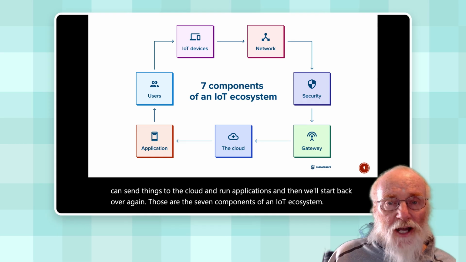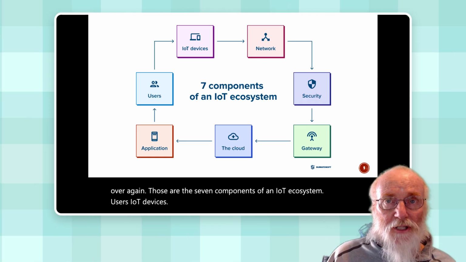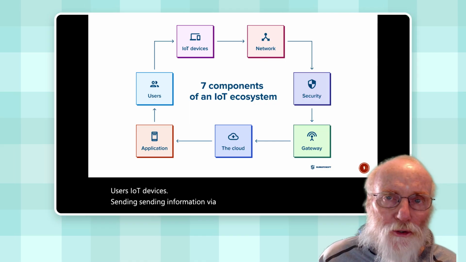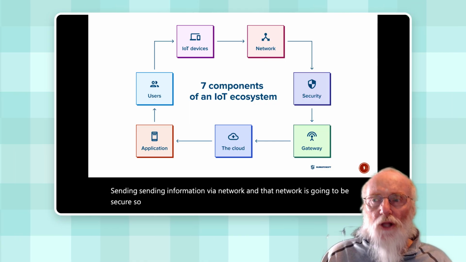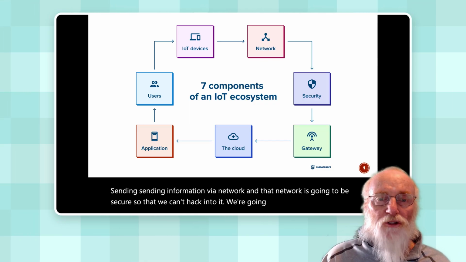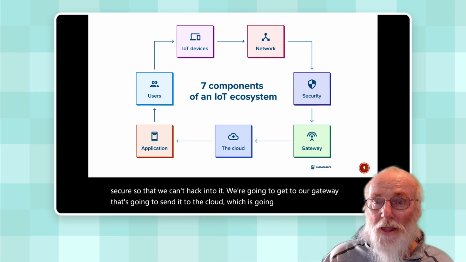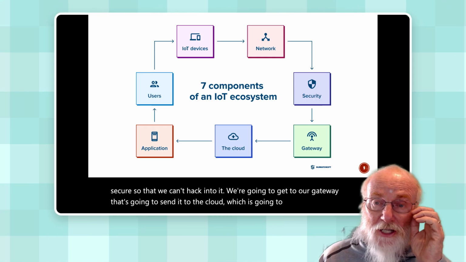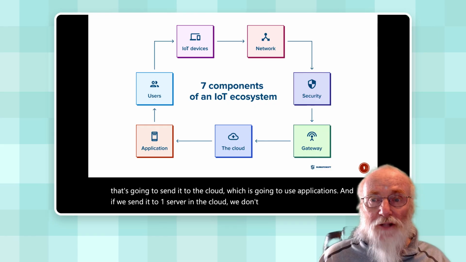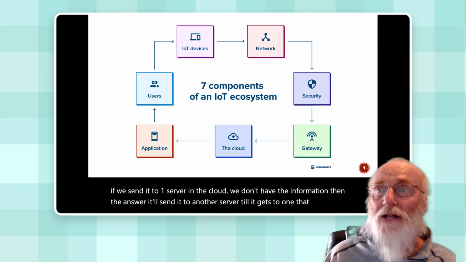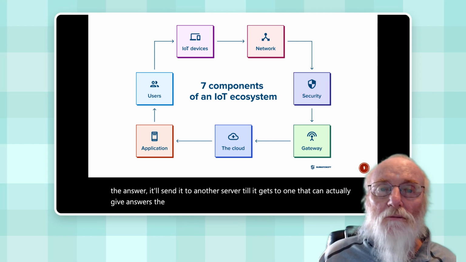Users, IoT devices, sending information via network, and that network is going to be secure so that we can't hack into it. We're going to get to our gateway that's going to send it to the cloud, which is going to use applications. And if we send it to one server in the cloud, and we don't have the information, then it'll send it to another server till it gets to one that can actually answer the question or the prompt or whatever it is.